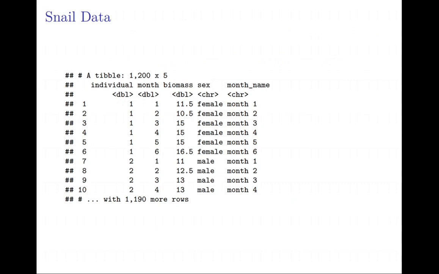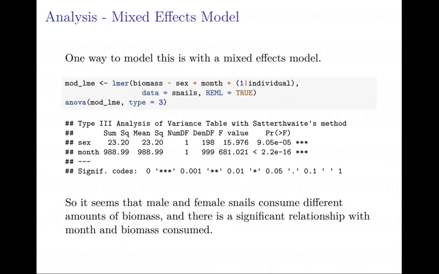Column for individual, month as a character, biomass, sex as male or female, and then month name as character. So one way we could look at this, the way we thought about this last week, is with a mixed effects model.